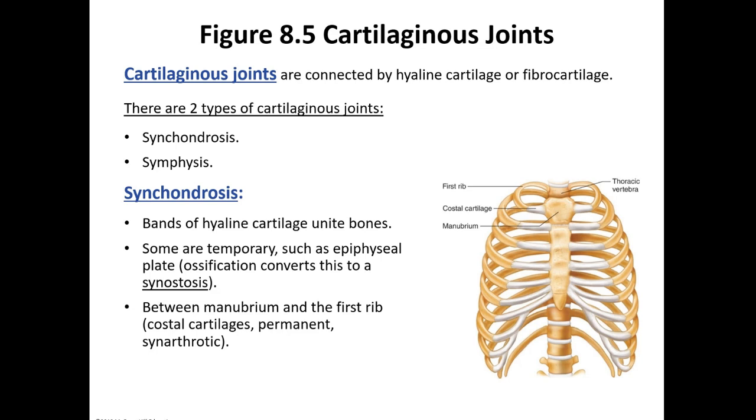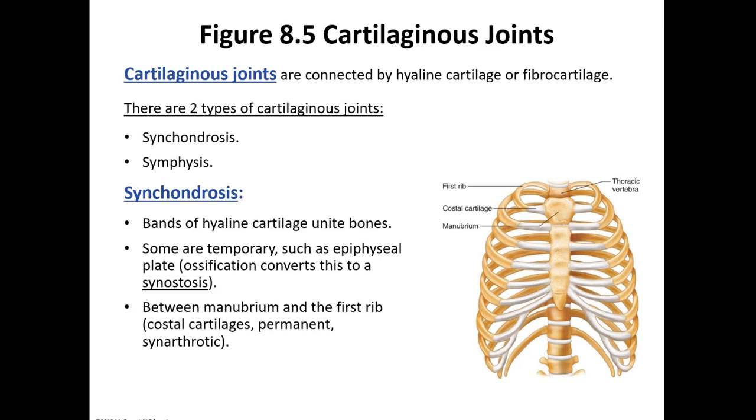And this cartilage is usually hyaline cartilage or fibrocartilage that exists between the bones found at the joint. Examples of cartilaginous joint types in our body are synchondrosis and symphysis.